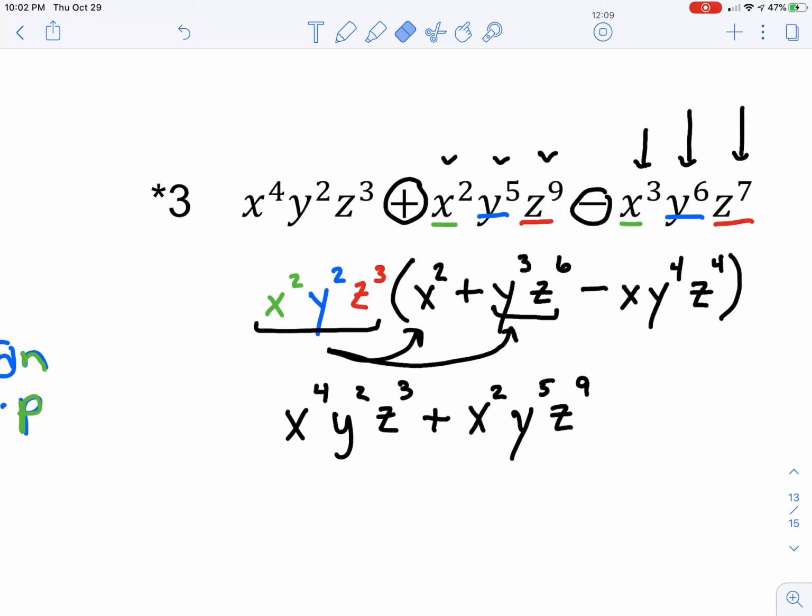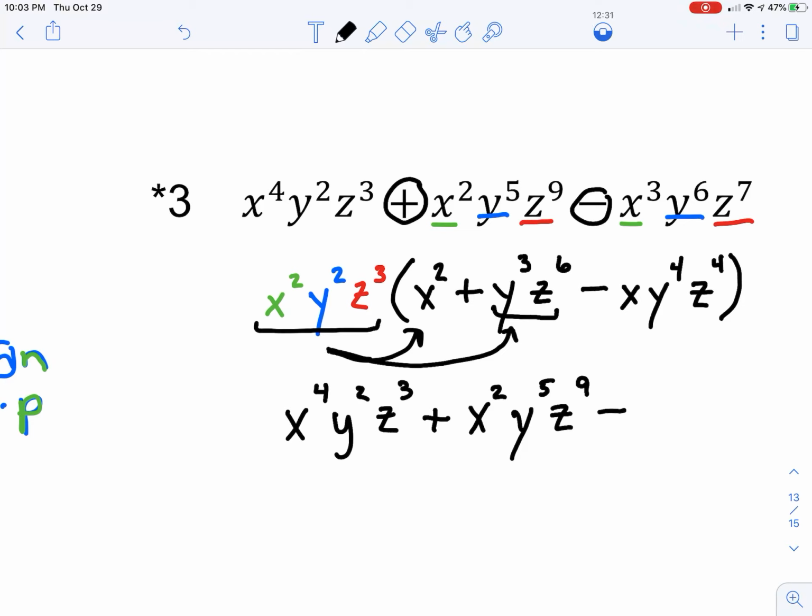Is that our term above? Yes, it is. X squared, y to the 5th, z to the 9th. Okay, hopefully you're with me so far.